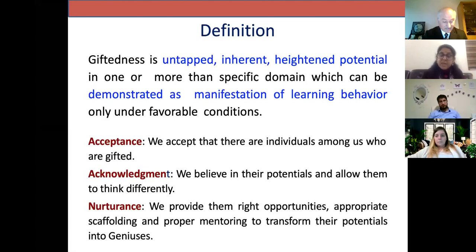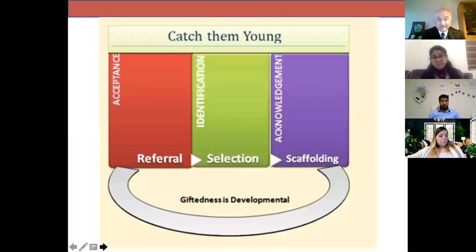Once you accept, then you acknowledge them, yes, they have potentials, and we need to allow them to think differently, to flourish. And it is important that we cannot leave them on their own. They should be nurtured properly. So these three conditions were important if we really want to identify untapped, inherent, heightened potentials which are available in a gifted child. So with this definition and framework, we started the work.